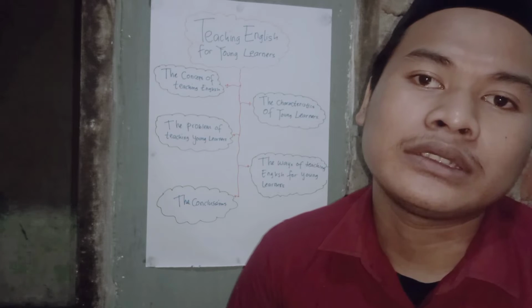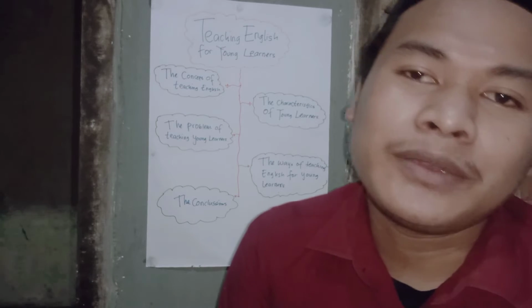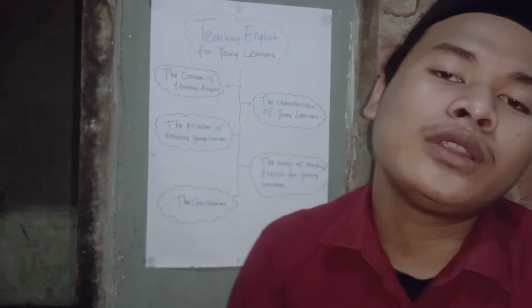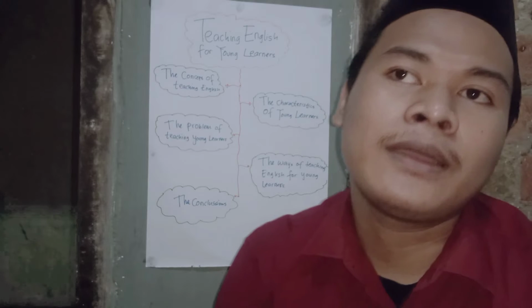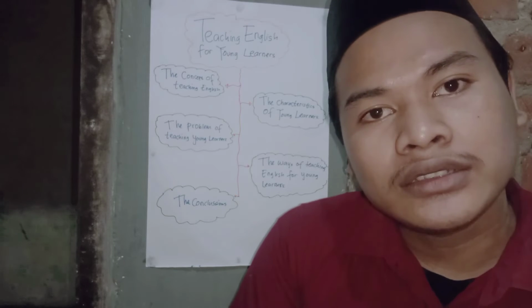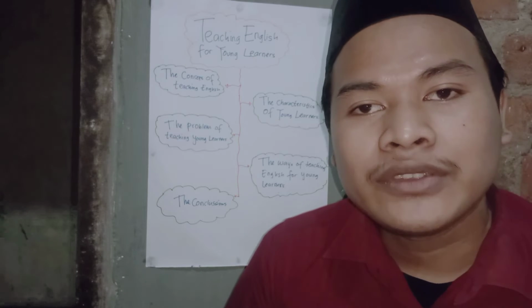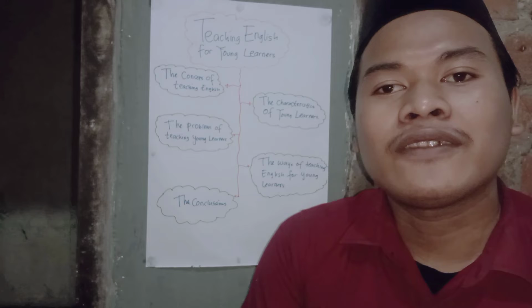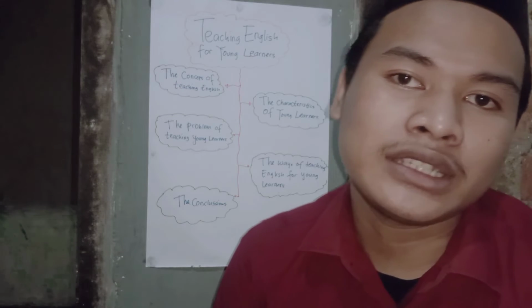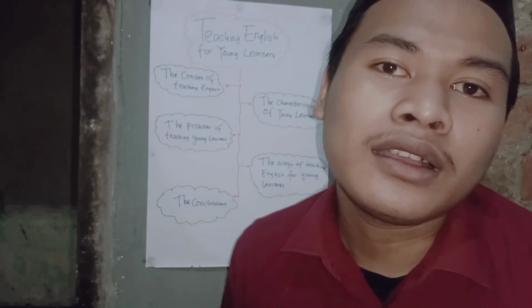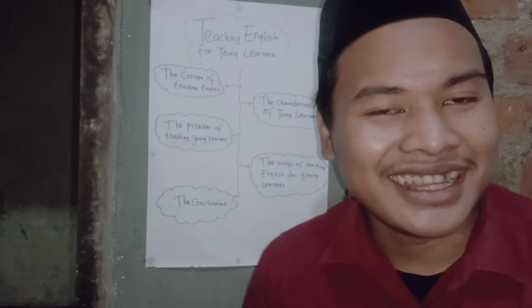And then the next one, about how they like to imagine, so we have to follow their imagination, maybe in kindergarten or elementary school. We have to follow their imagination to help them learn English well.